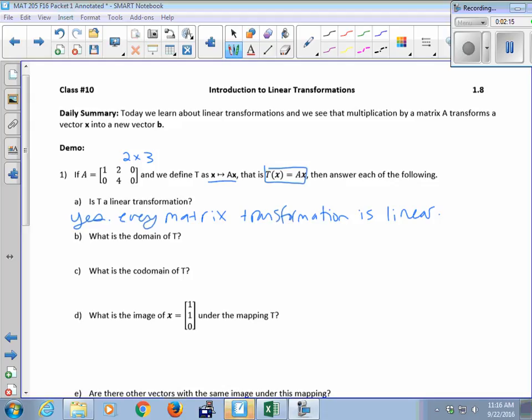How do we know that X is a vector and not a matrix? It's bolded. Yeah, it's bolded in the question. So we know that the domain is all 3 entry vectors. What do we call the set of all 3 entry vectors? R3.